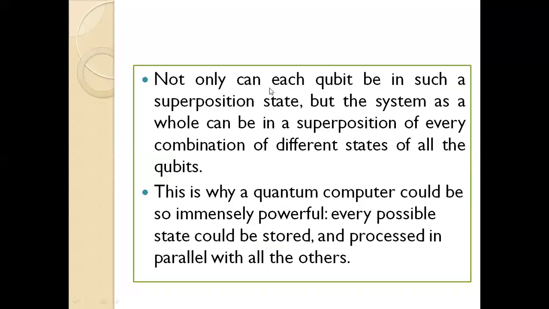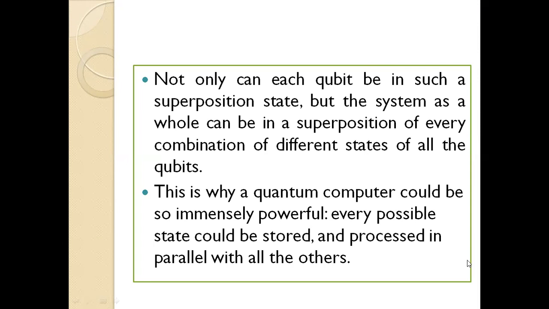Not only can a qubit be in such a superposition state, but the system as a whole can be in a superposition of every combination of different states of all the qubits. Because a system is built up of different qubits, and each qubit is a combination of others. So as a whole, the system can be a superposition of any combination of different states of those qubits.